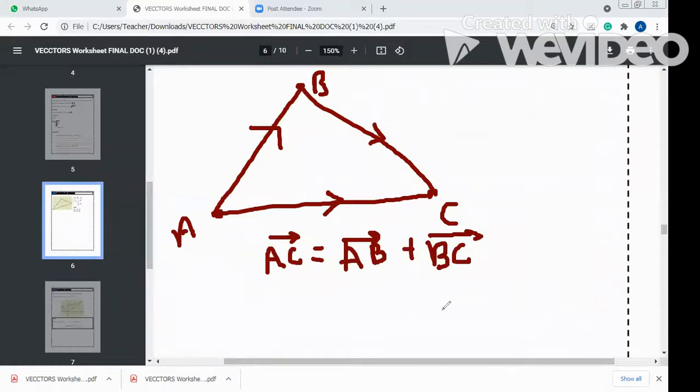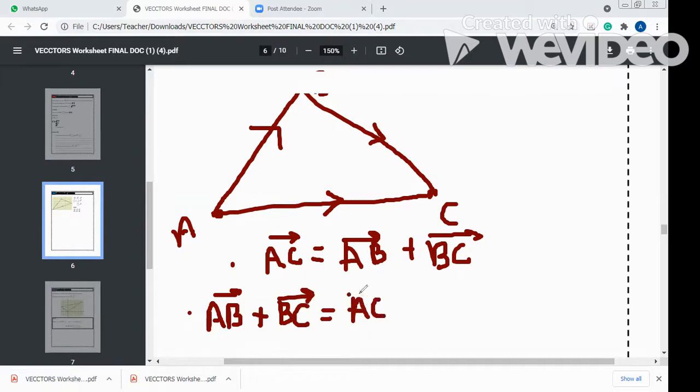Or you could rephrase it another way. You could say vector AB plus BC equals AC. What's AC?